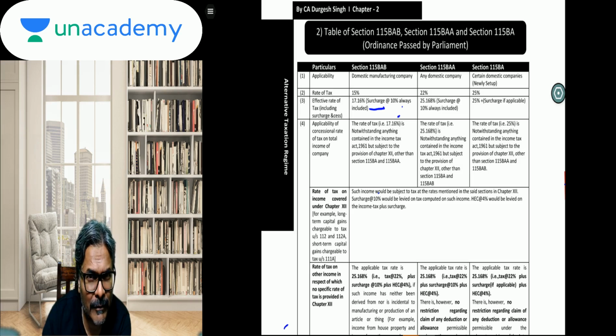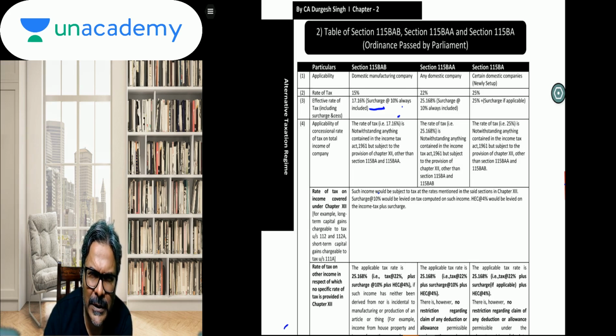So the alternate tax regime would be made applicable to a non-resident only in the case of individual and HUF, whereas in all the other cases, namely company, cooperative society, they are to be a resident only then they could opt for this particular provision.